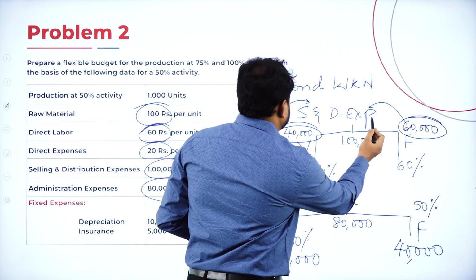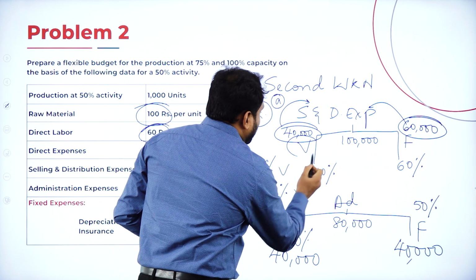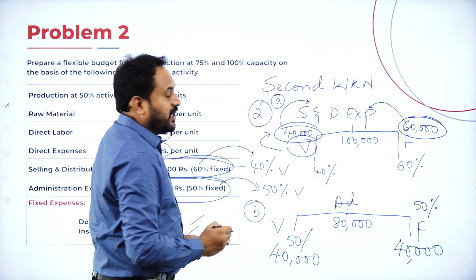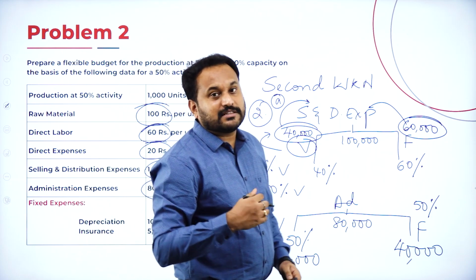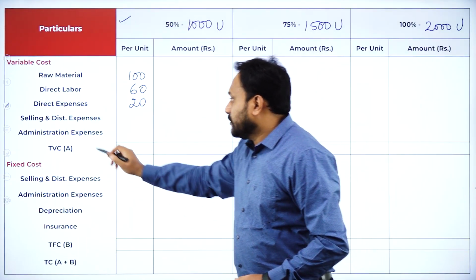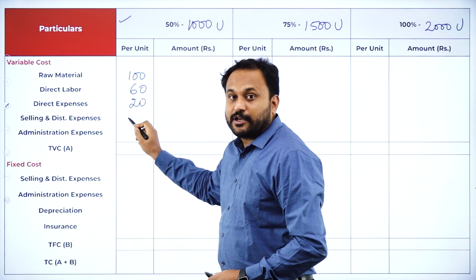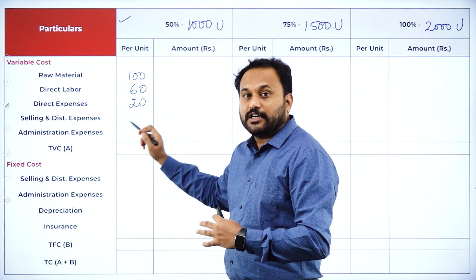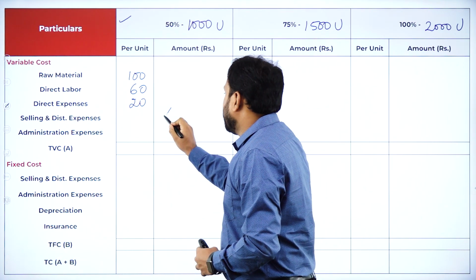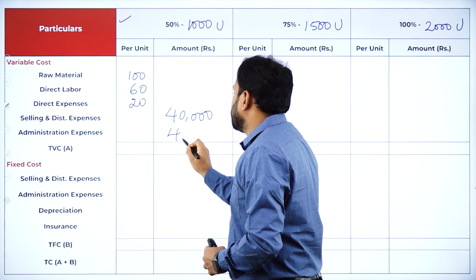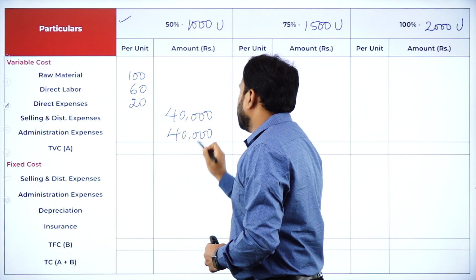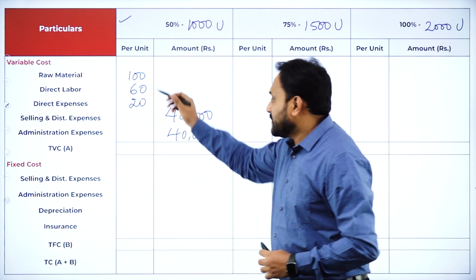Selling and distribution expenses, when it comes to variable, it is how much? 40,000, and here administration is 40,000. So we are supposed to write that. So here you will not write per unit because it is not for per unit, it is for the amount. So we will write here 40,000. Here also it is 40,000. Done. We are supposed to calculate.